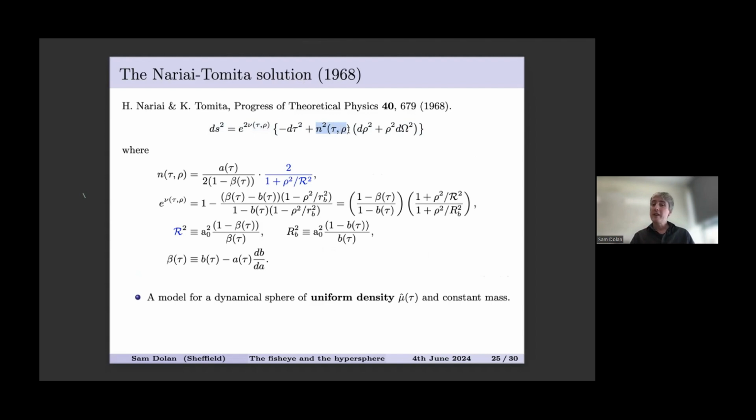And then we've got an effective refractive index here, which again depends on time and radius. And then we've got some expressions. I just want to highlight that the refractive index, again, has a term that looks like the Maxwell fisheye lens term, where R is defined over here.